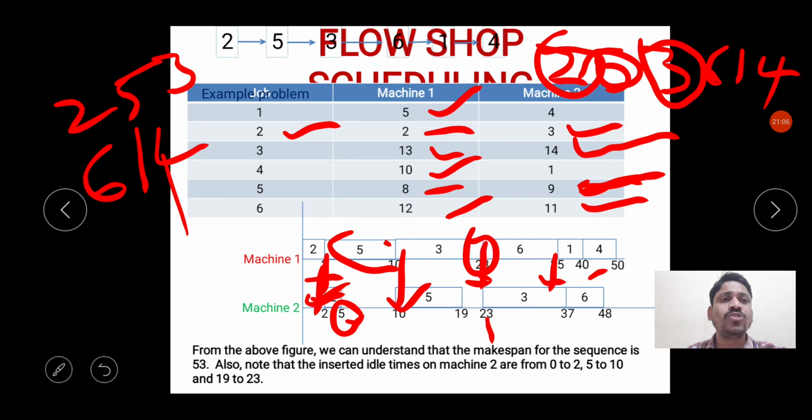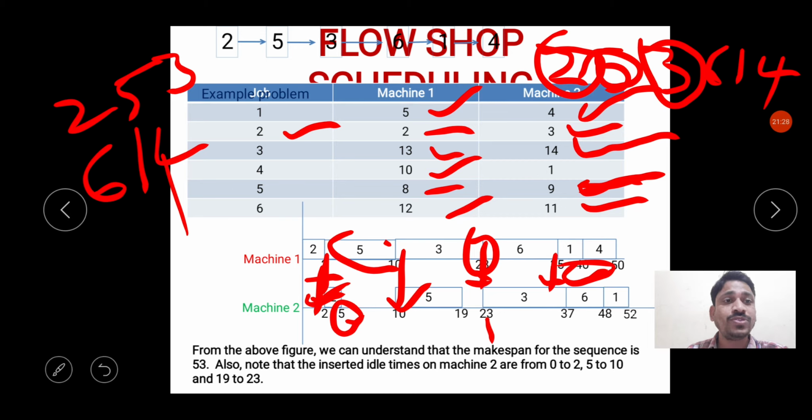So next is job 1. Job 1 on machine 2. Can we start immediately at 48 hours? Yes, of course, because job 1 completed on machine 1 at 40 hours itself. So job 1 starts at 48 hours and is processed for 4 hours.